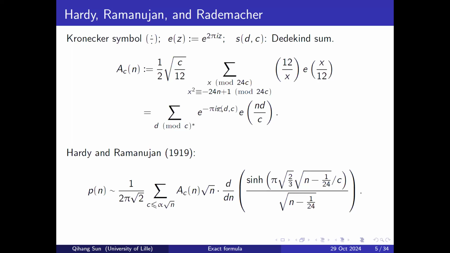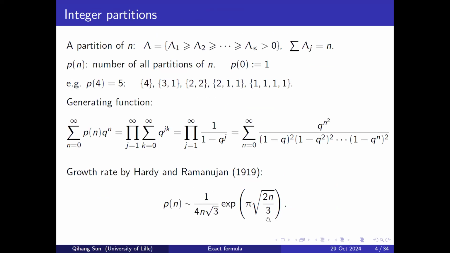You will see a Dedekind sum appears here, and not just the exponential itself. The result by Hardy and Ramanujan is that we can sum from c equals 1 up to the level of square root n, and the first few terms play the main role. If we look back to the first term here, this one is just the first term in that finite sum.